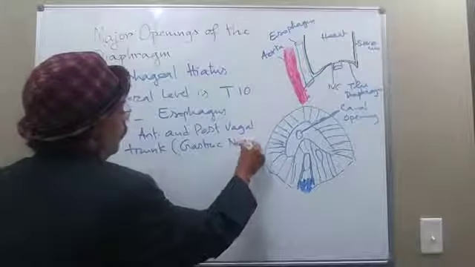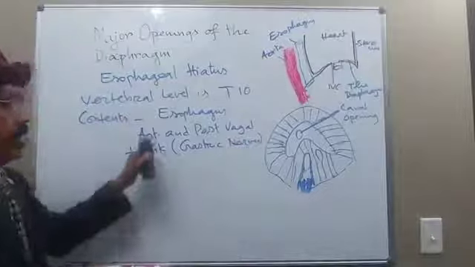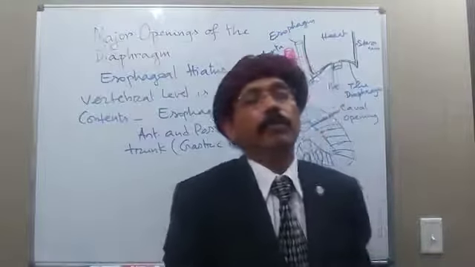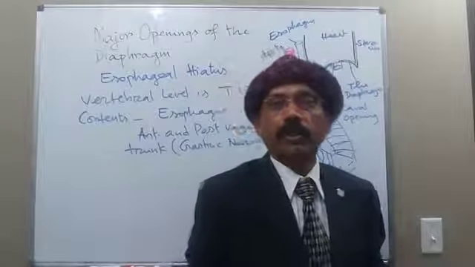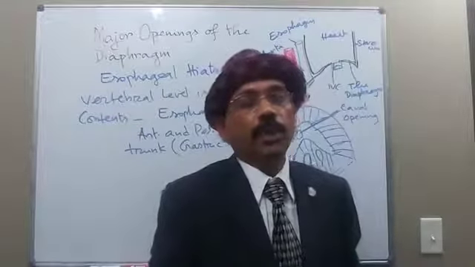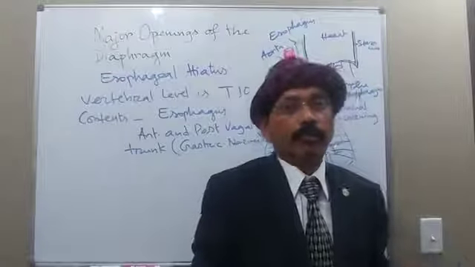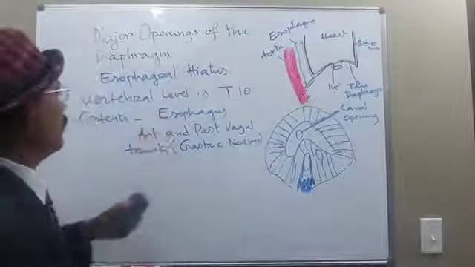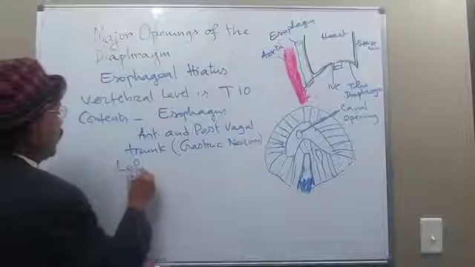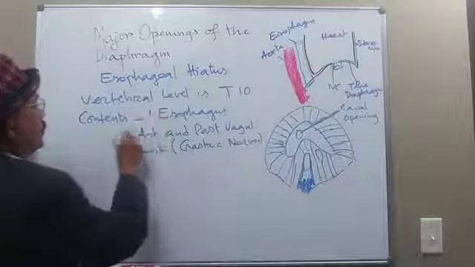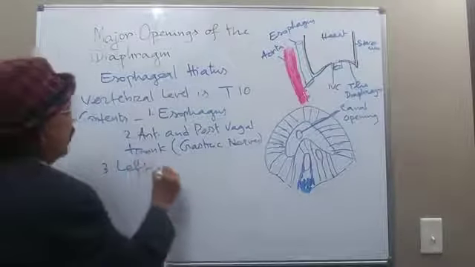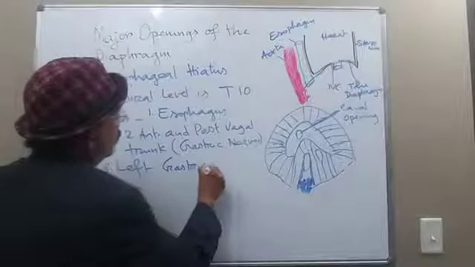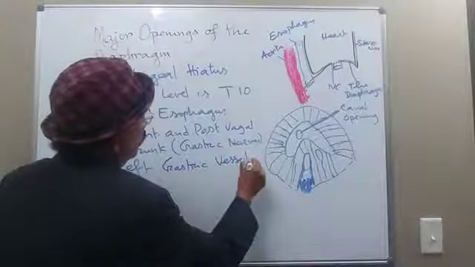The vagal trunks are coming out of the esophageal plexus. We know that the esophageal plexus is formed by the left and right vagus nerves mostly, partly contributed by sympathetic nerve fibers, but it is mostly parasympathetic from the vagus nerve. So we got the esophagus, then the left gastric vessels, that means artery and vein.